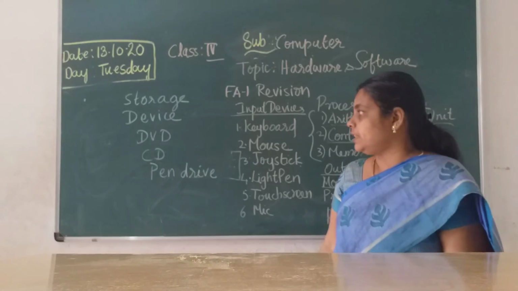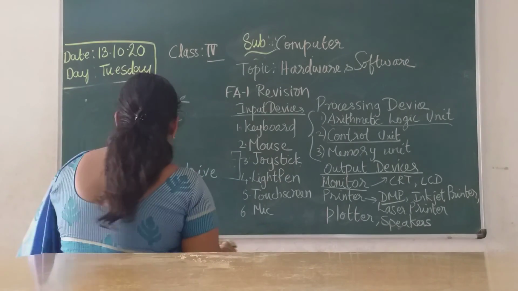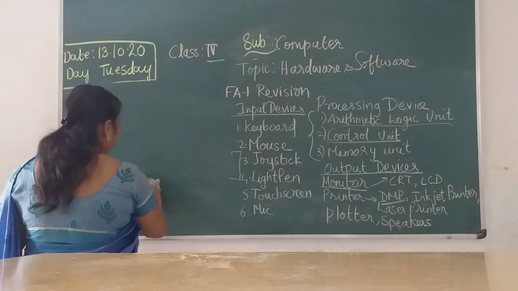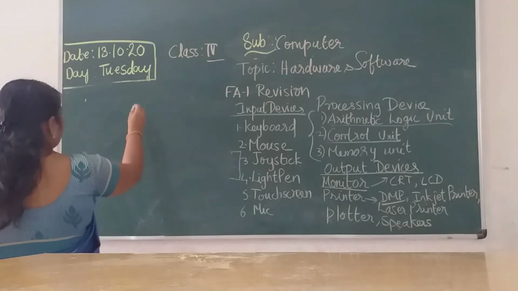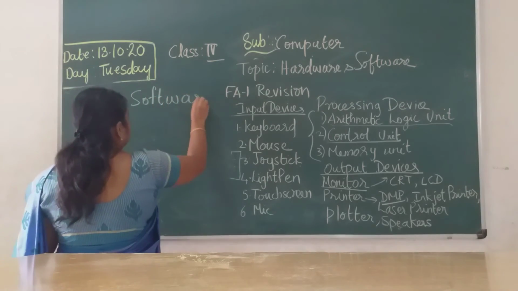Then the next one is the software, children. Software is what you cannot touch or feel. There are two types of software: system software and application software.